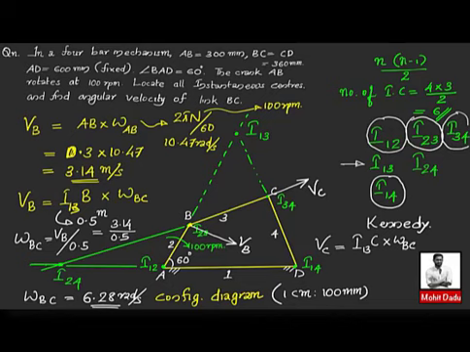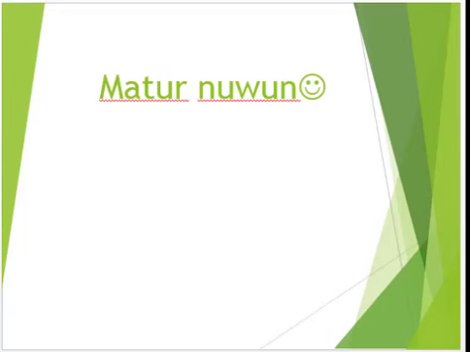You already have omega BC now, which is 6.28 radians per second, and the I13 to C distance you can measure from this diagram. This is equal to the length CD into omega CD. From this you can evaluate omega CD also. So this is the instantaneous center method of velocity analysis for a 4-bar mechanism.